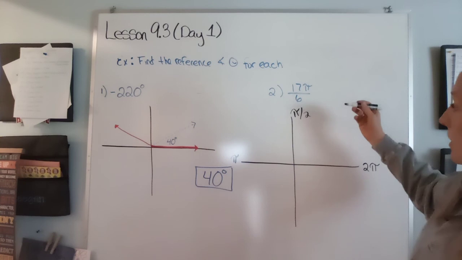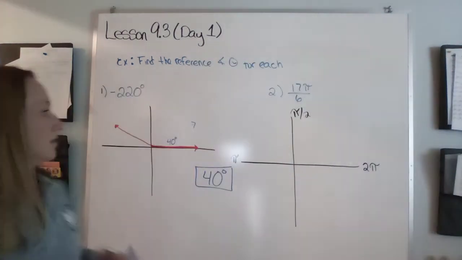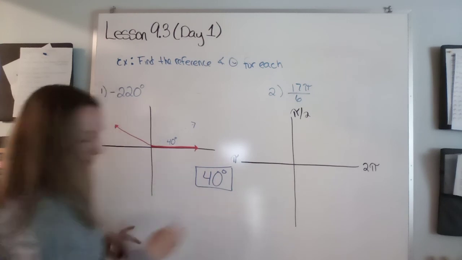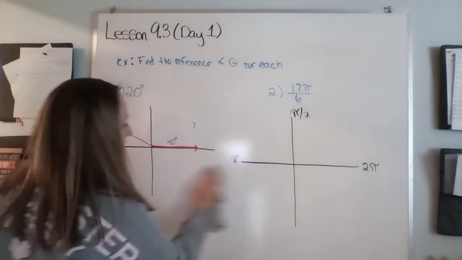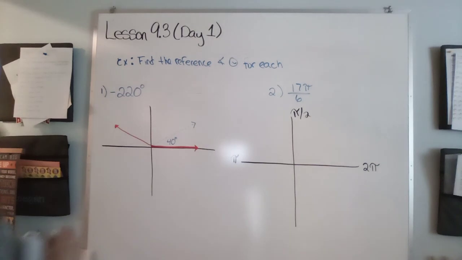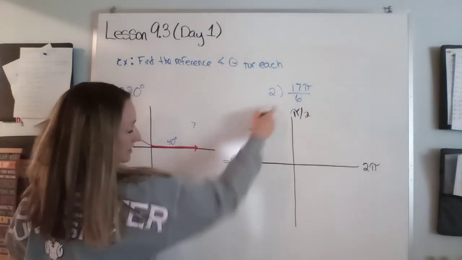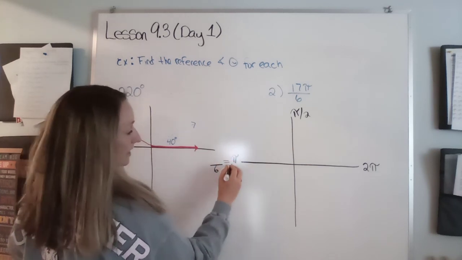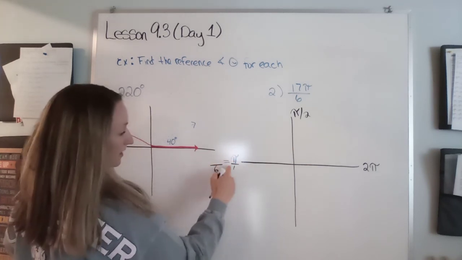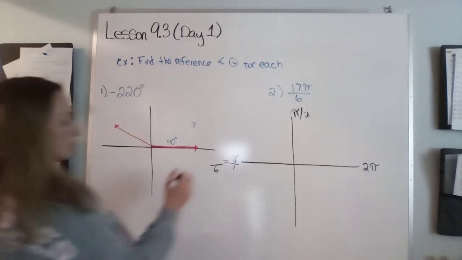So I'm thinking right now, let's put this in terms of the denominator of 6. If I wanted to rewrite pi with a denominator of 6, since this has a denominator of 6, I'd have to multiply top and bottom by 6. So I'd have 6 pi over 6.